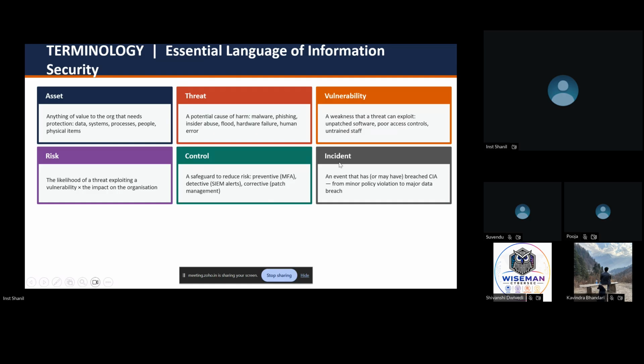So that is an incident. I'm taking the example of a house because it is easy to remember and understand, but you can anytime replace house with your information asset, like your database, your personal files, folders, anything. So if anyone is able to access your personal data, files, folders, user IDs, passwords, your bank details, that is an incident.